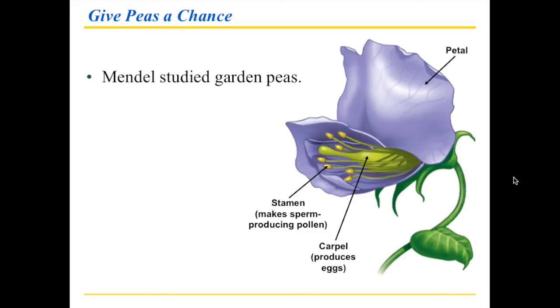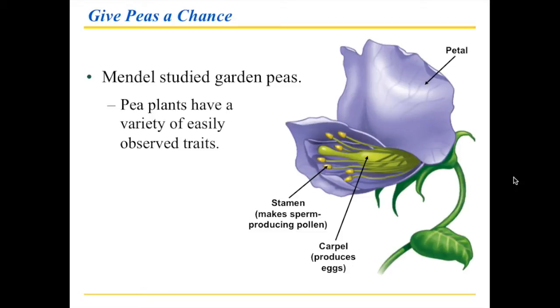And so when you study garden peas, you find that just by chance he had an organism that was very appropriate to study genetics, because peas, it turns out, have some easily observed traits. There's quite a few of them actually in a pea. Plus, peas are also easily manipulated.